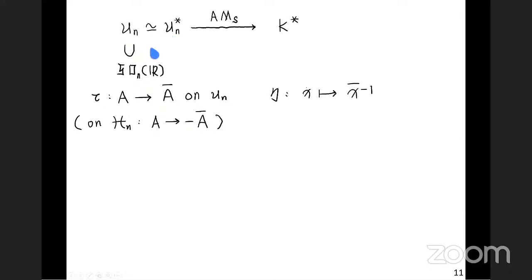When we identify U(n) and U(n) star and H(n) star, this involution becomes A goes to minus A bar on the Hermitian matrices. And on the K star set, we have an involution which maps X to its inverse conjugation.